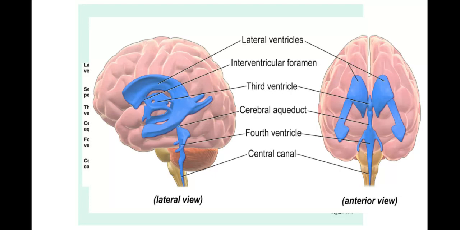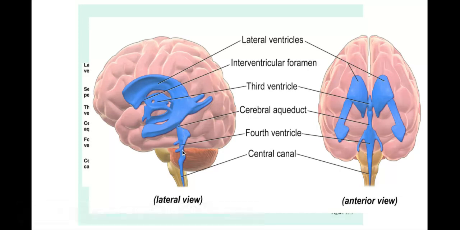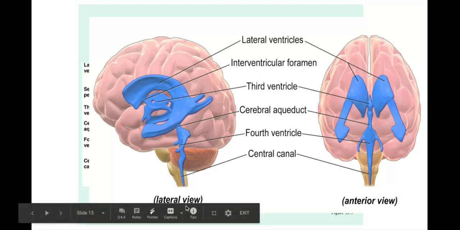You've got your third ventricle, which is between the thalamus and hypothalamus, and the fourth ventricle, which has the cerebral aqueduct leading down into it, where you are near your cerebellum and brainstem. You've got this central canal then going into the spinal column.